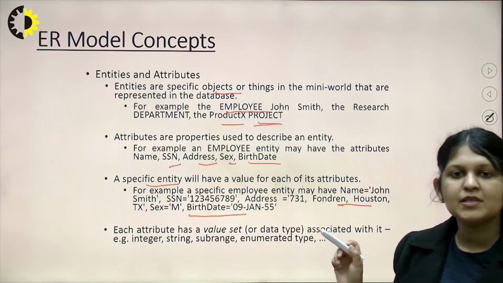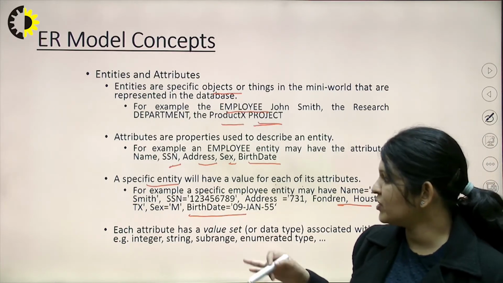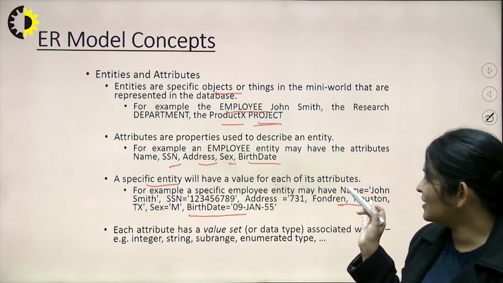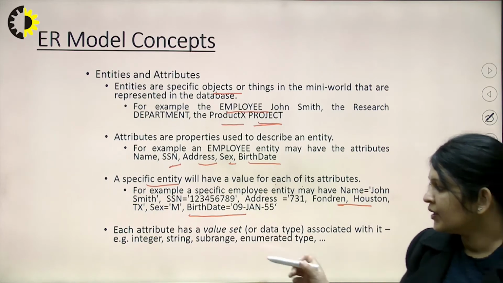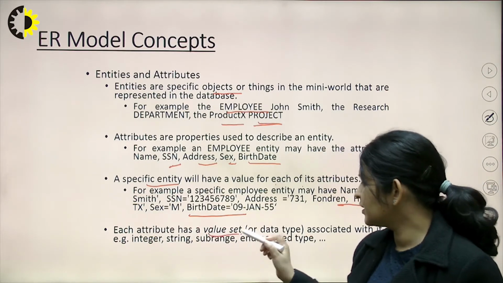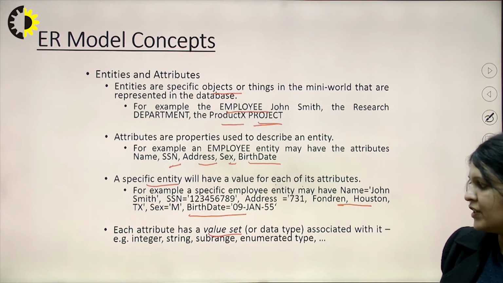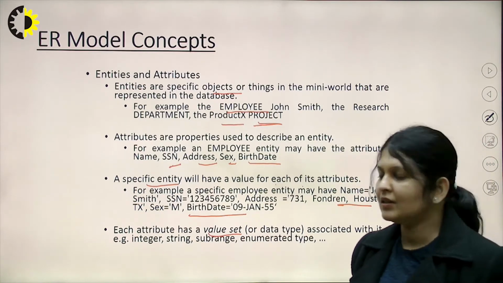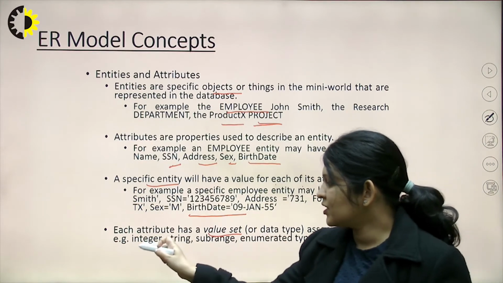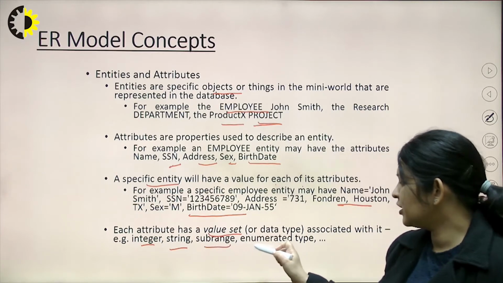So, these would be the specific entity entries for the entity, that is the employee. Now, each attribute has a value set or data type associated with it, that is the type of data that we can store in it, such as integer, string, subrange, enumerated type.